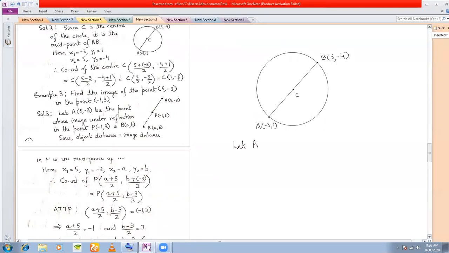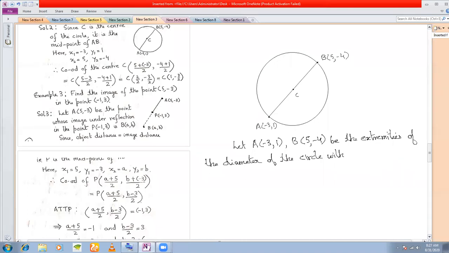Let A (-3, 1) and B (5, -4) be the extremities of the diameter of a circle with center C. Therefore, C must be the midpoint of AB.